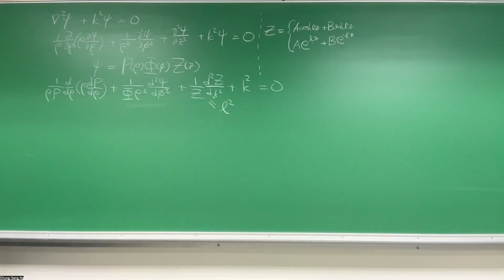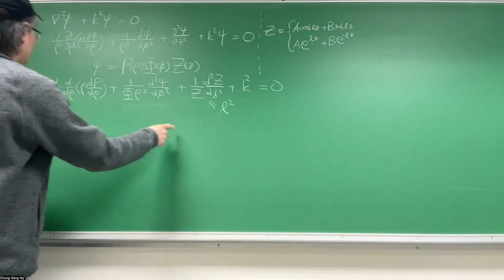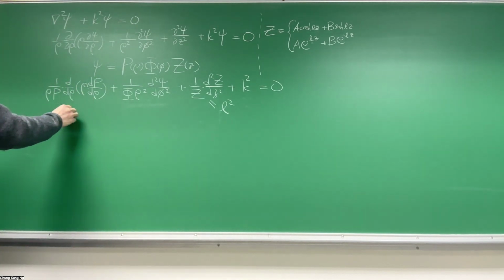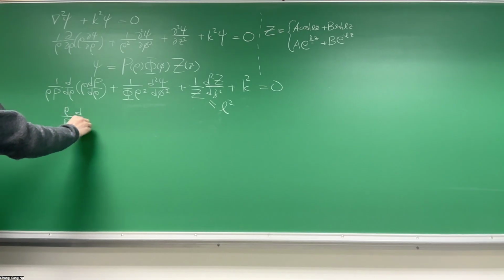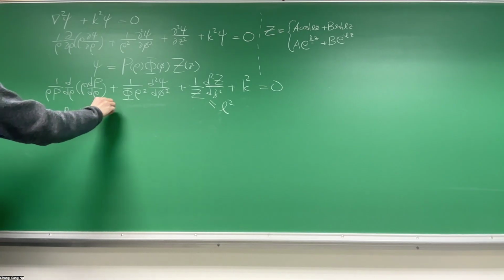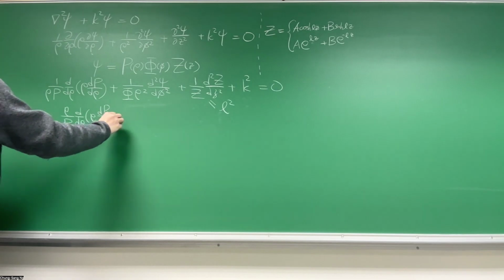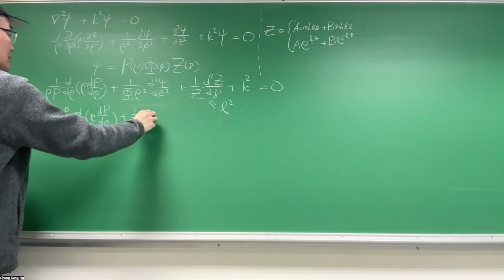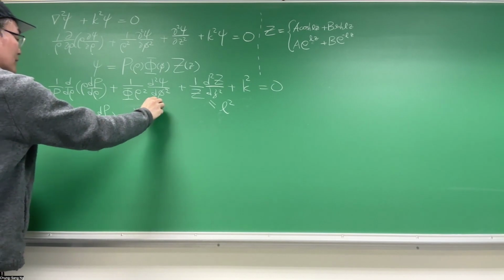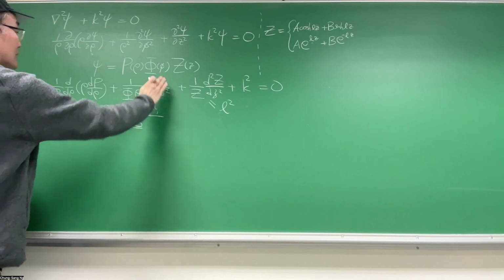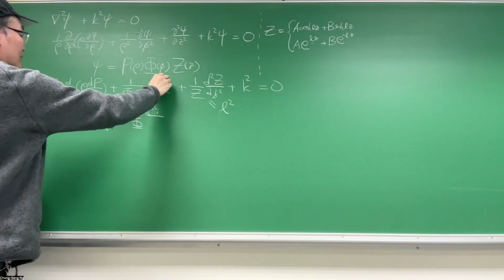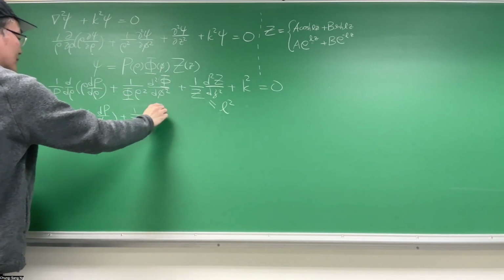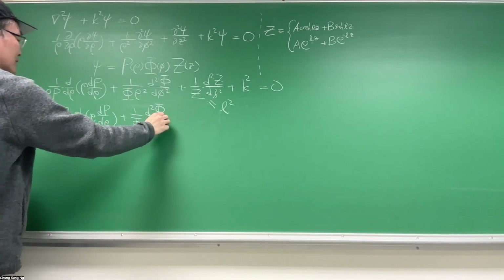Okay, so multiply by rho squared, and the equation becomes rho over P, d by d rho, of rho dP d rho, plus 1 over Phi, d squared Phi, d phi squared. I think this is not psi, this is capital Phi.